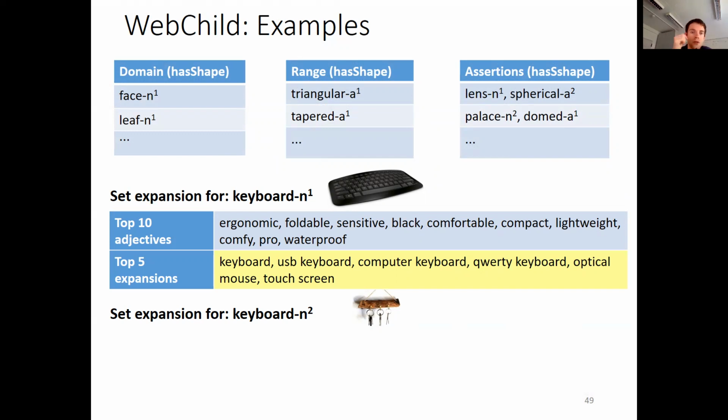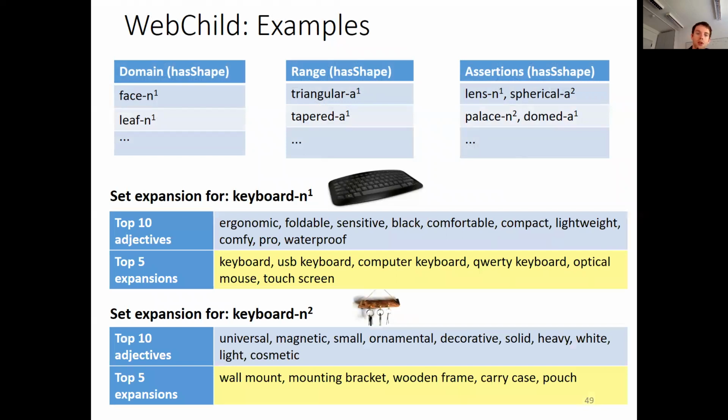here we see examples of top attributes of the keyboard. First as the computer keyboard, second as the one where you hang your keys. And we see this really makes sense. So the computer keyboard can be ergonomic, foldable, black, lightweight, waterproof, and so on. Whereas at the bottom, the keyboard where you hang your keys can be magnetic, decorative, and so on.